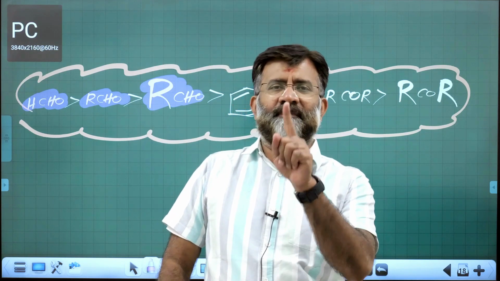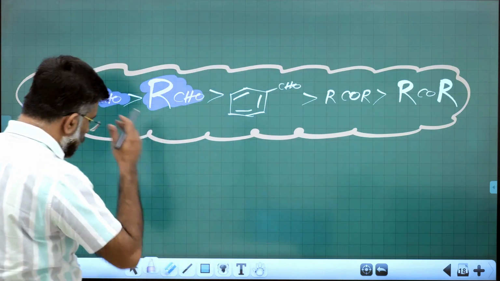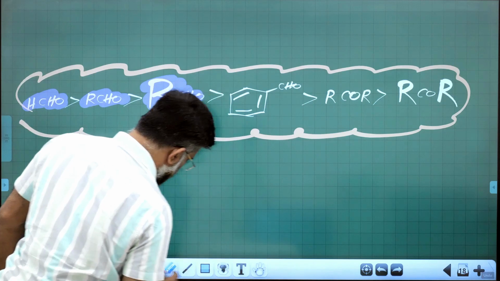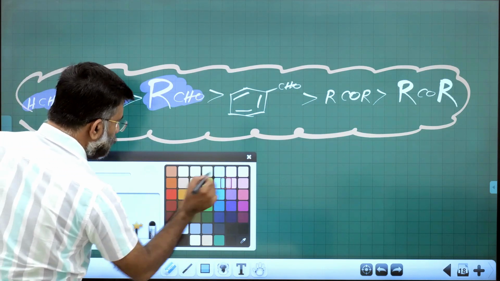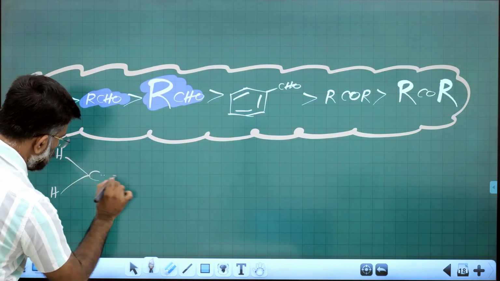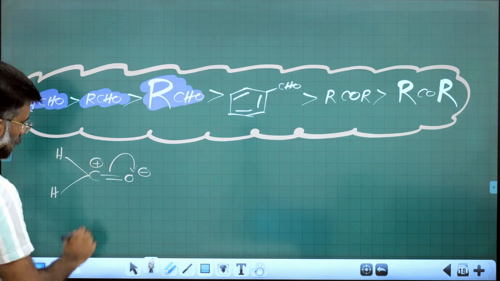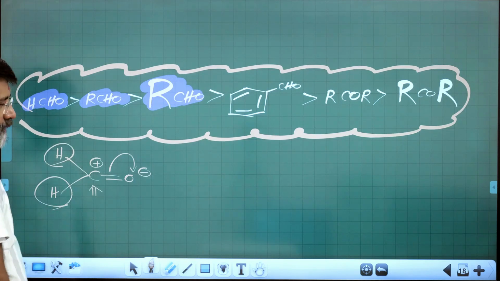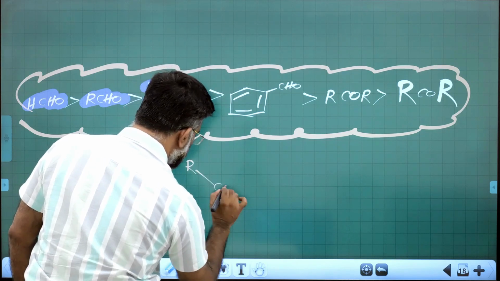If you take steric and inductive effects, for example formaldehyde, HCHO, it is polarizing as minus and plus, and this plus will be maximum because hydrogen has no electronic effect, no steric effect.